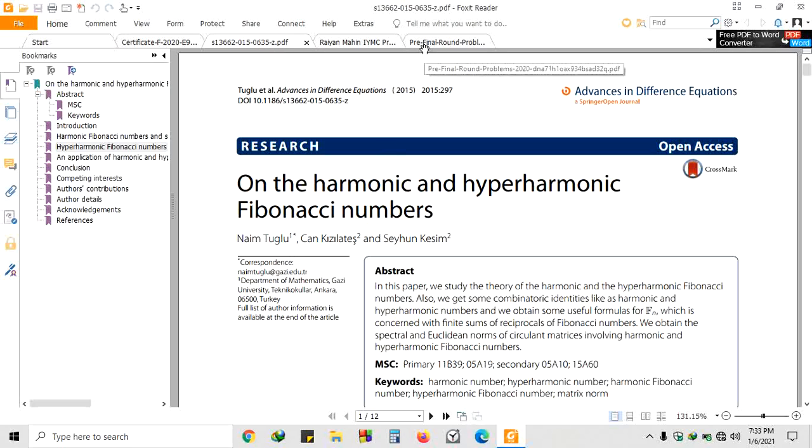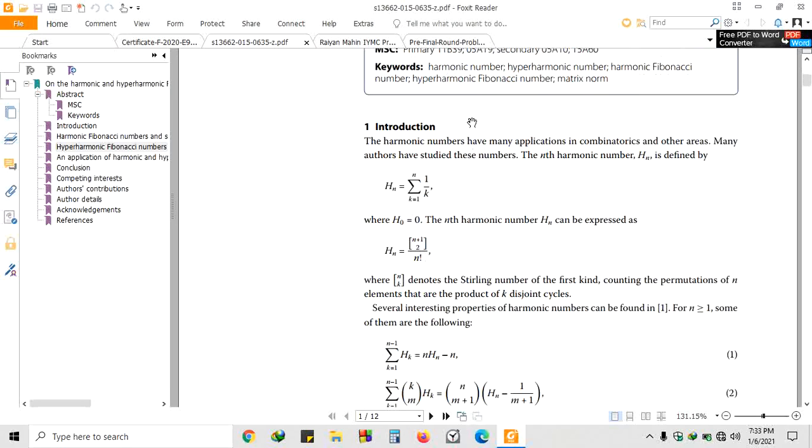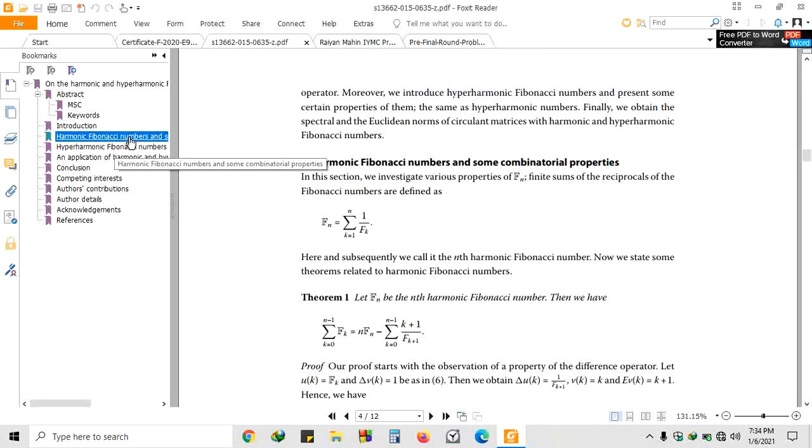So I guess we all know what a harmonic number and a Fibonacci number are. A harmonic number is basically the summation of 1 by k, where k starts at 1 and goes on till n, and a Fibonacci number is the sum of the previous two numbers, and the new thing was harmonic Fibonacci numbers.